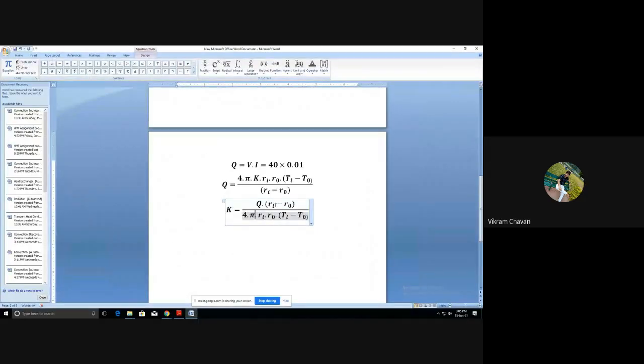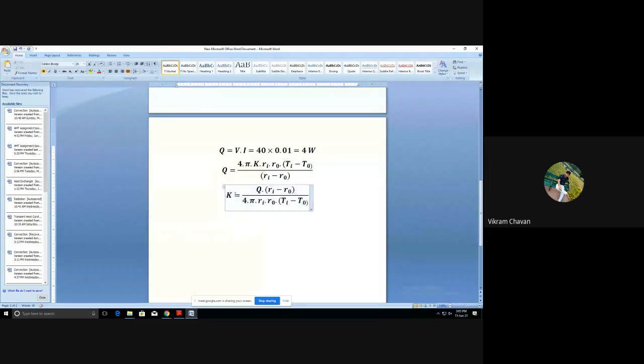And Q we have also calculated, which is 40 multiplied by 0.1. So in this equation we can put Q as 4 watt, Ri as 0.05, and R naught minus Ri. It should be R naught minus Ri.